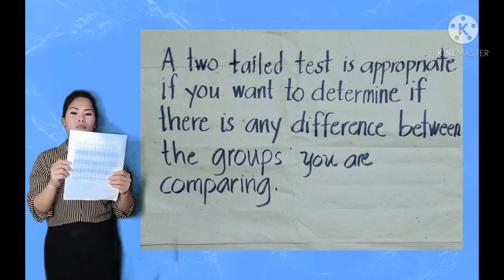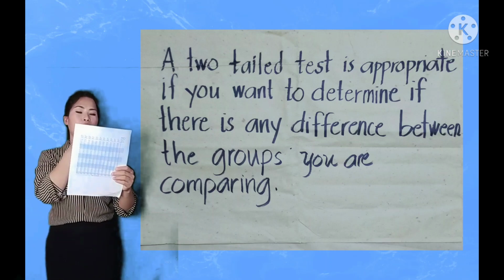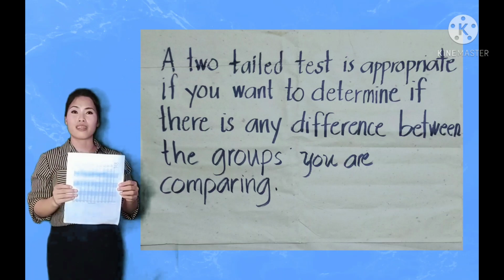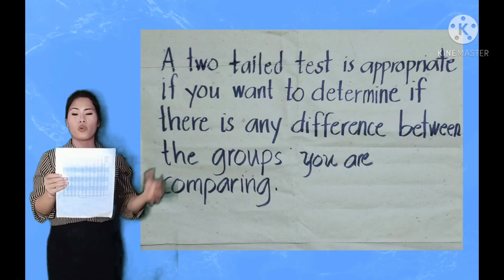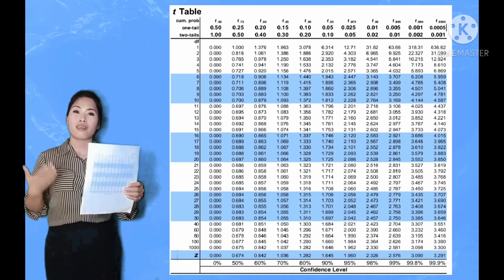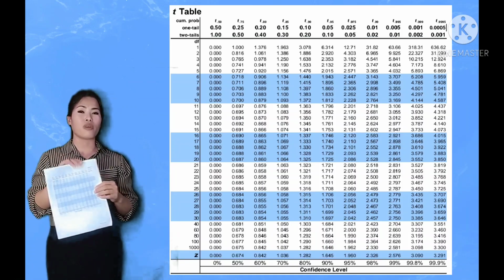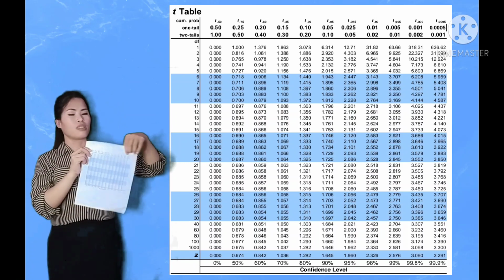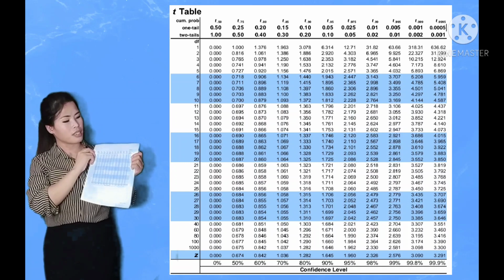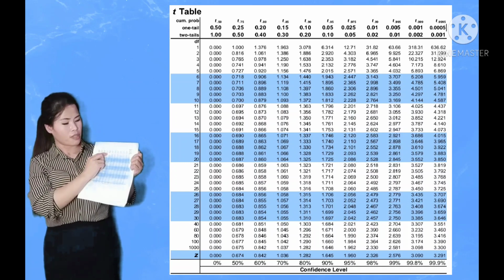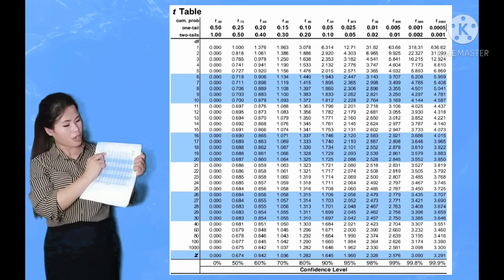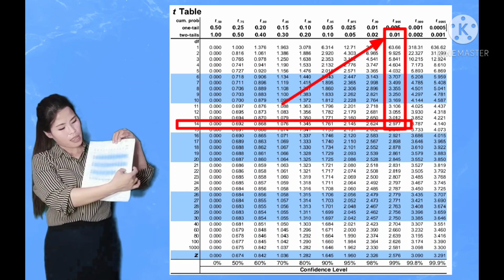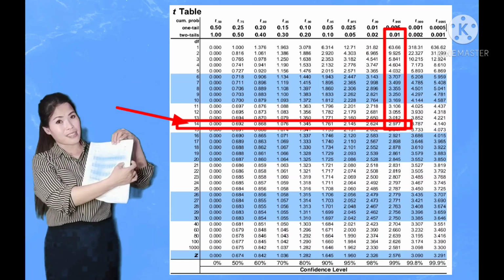We use two-tail because a two-tail test is appropriate if you want to determine if there is a significant difference between the two groups you are comparing. So that is why we are going to use the two-tail here. In two-tail, as you can see, we find the 0.01 here, and the 14 is on this side.